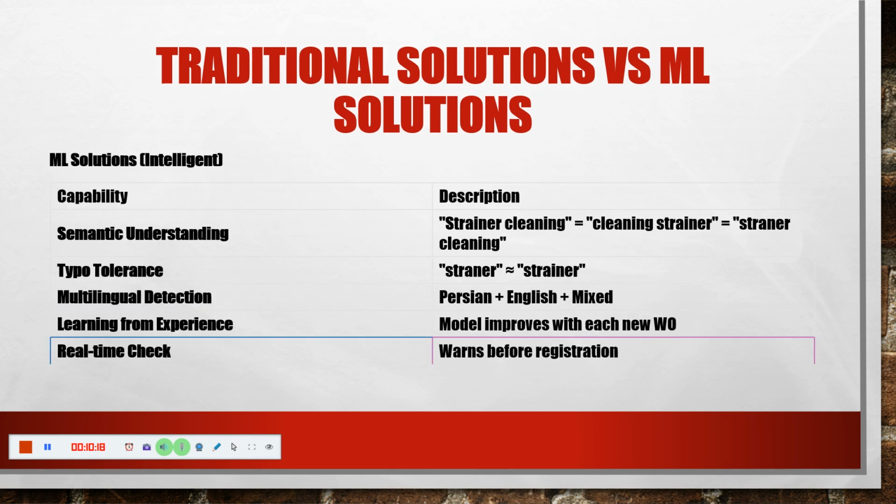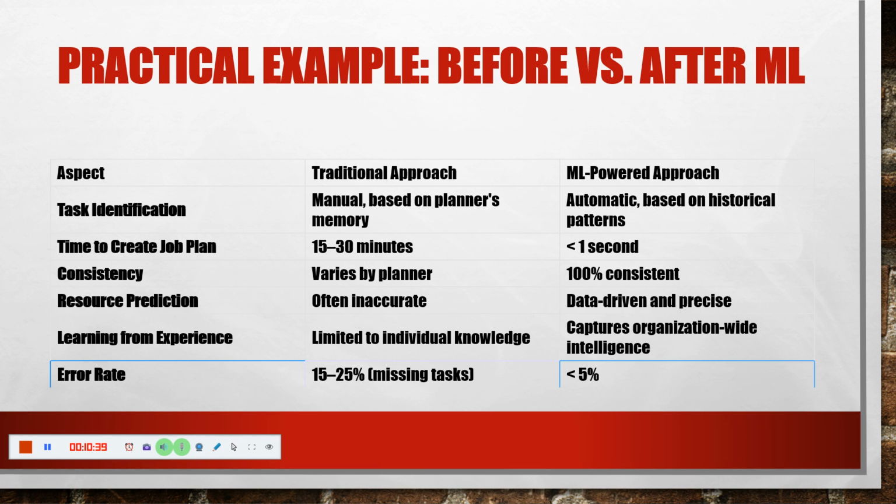So we try to use smarter solutions by using ML. ML solutions help us reach capabilities like semantic understanding, typo tolerance, multilingual detection, learning from experience, and real-time checking. This table helps us compare the traditional approach and the ML-powered approach in different aspects.